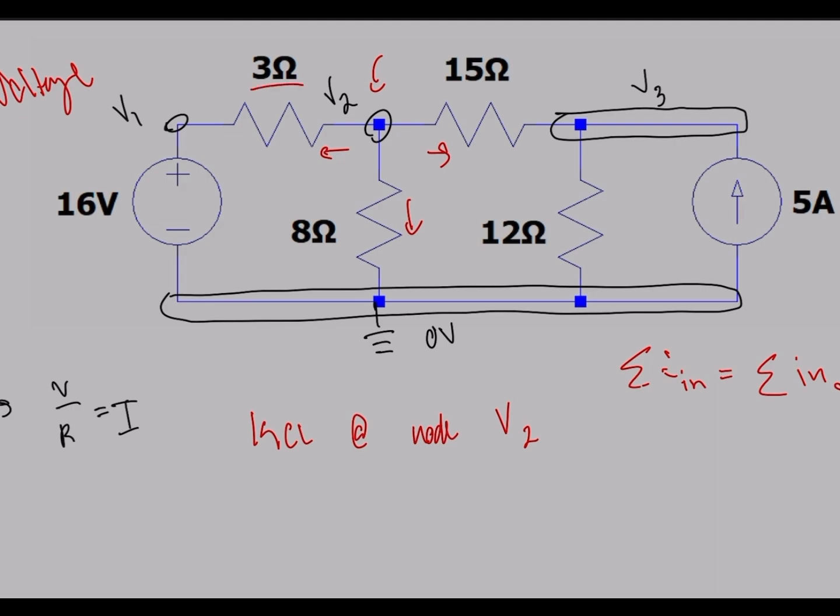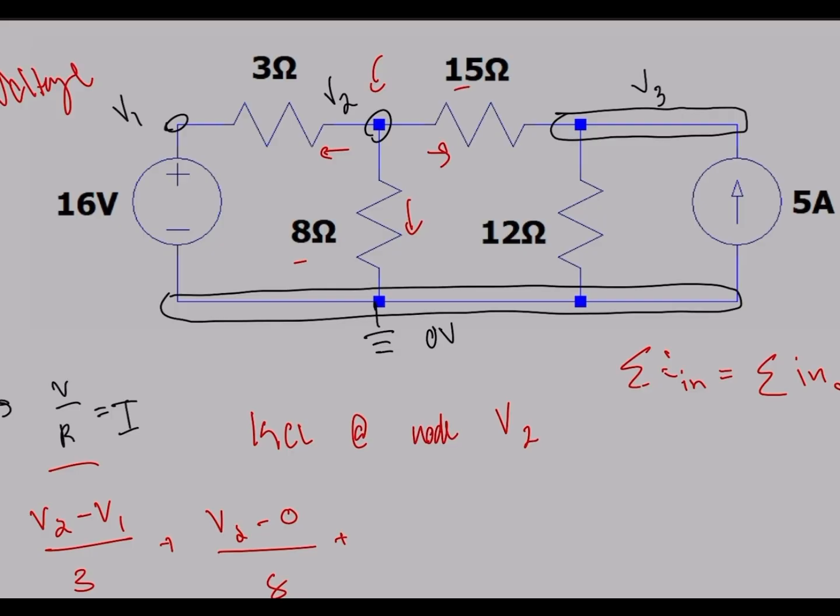So for the first one, the current going through this 3 ohm resistor, we'll use the voltage, which is V2 minus V1. That's the voltage across the resistor divided by its resistance, which is the first current. And then we'll do this second one going through the 8 ohm resistor, which will be V2 minus the reference, 0 volts, divided by the resistance.